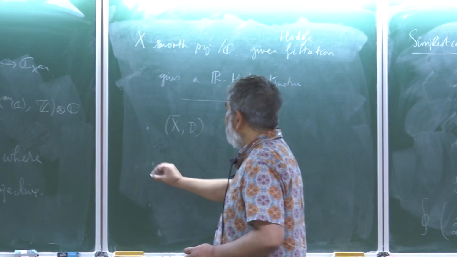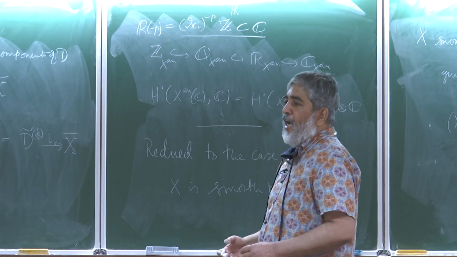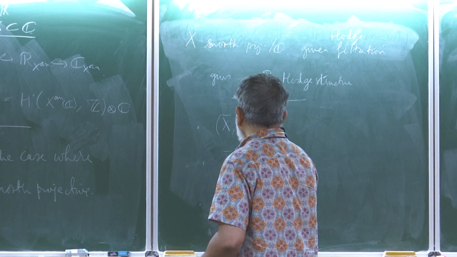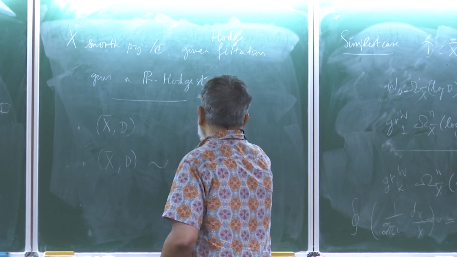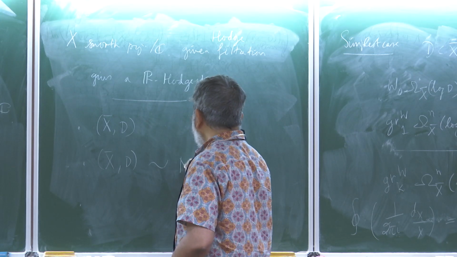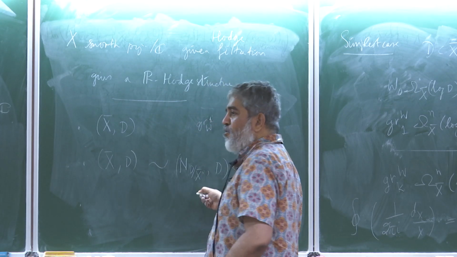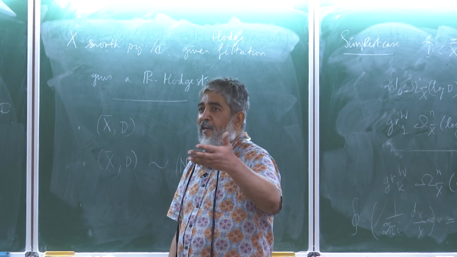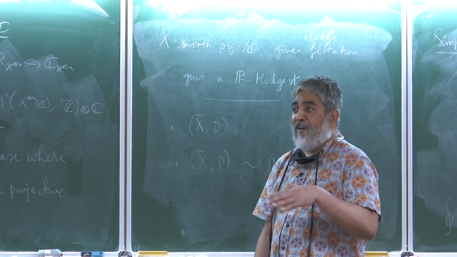My remark was that in some sense, one way to understand how the boundary maps work at the level of integral cohomology directly: suppose X minus D is smooth, then you can see that the grade 1 piece, which we wrote down, lives along D. Therefore you can use deformation to the normal cone to reduce it to the normal bundle of D in X. So it's essentially doing everything for that line bundle, and you've got a cohomology on the normal bundle of D in X, which is the same as the cohomology of D itself, except that now we have to keep track of the Hodge and weight filtrations.